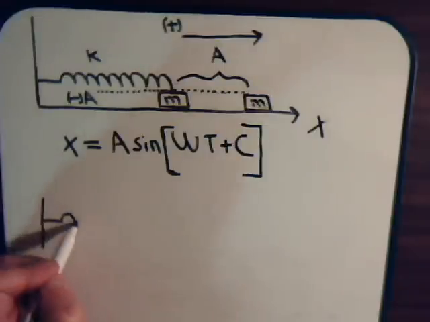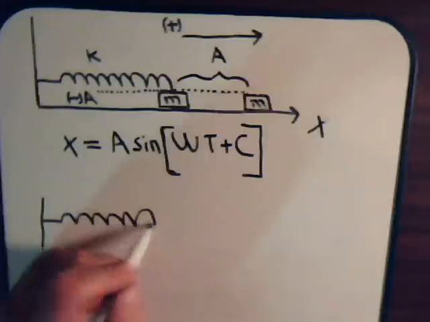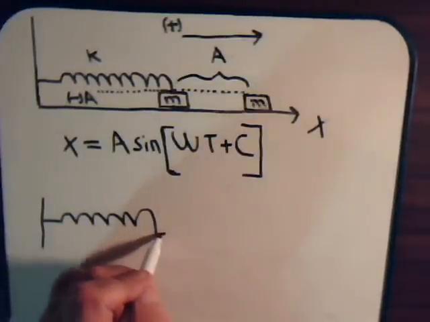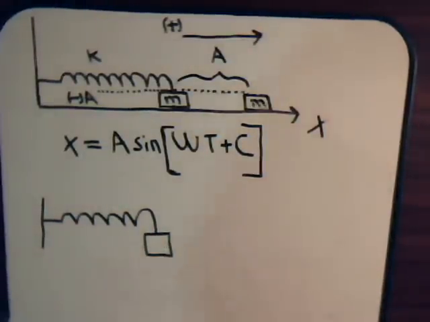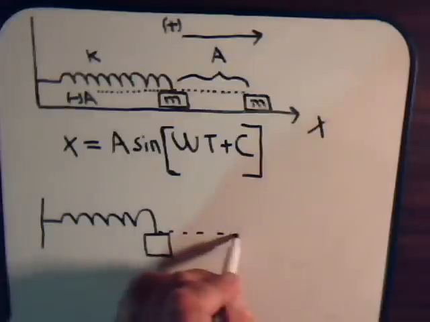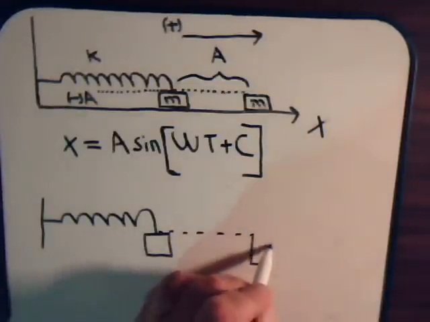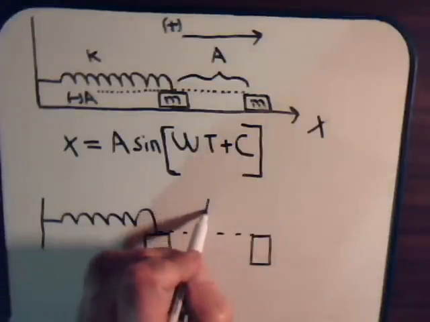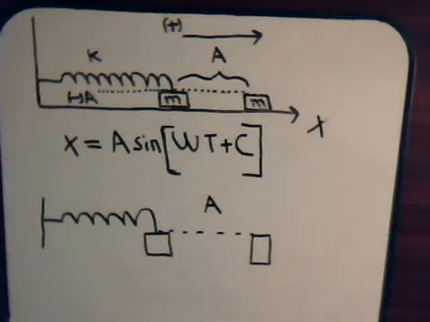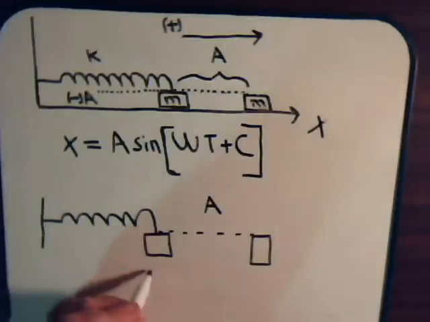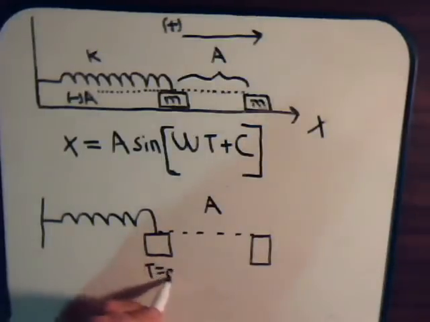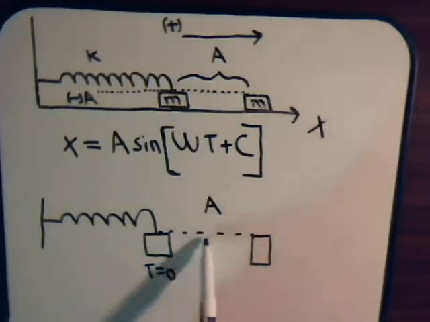here's the spring with the attached block, and then we displace it by a distance a. Well, let's say then that it's sitting right here. We call this time t equals 0. Then we start pulling it back.